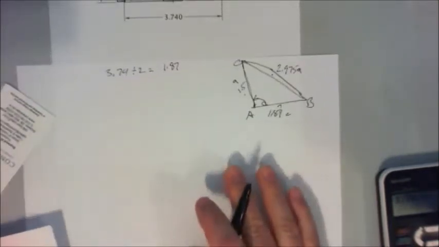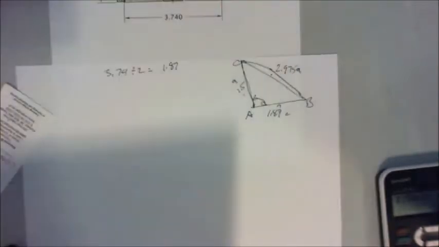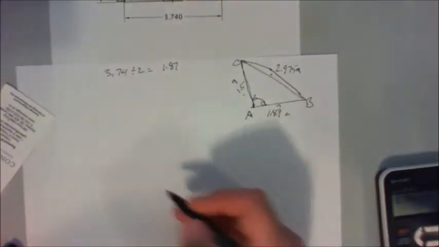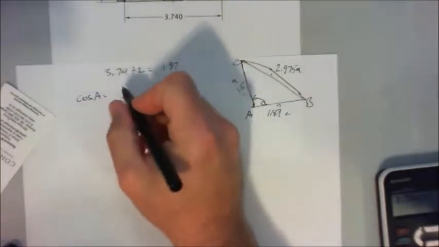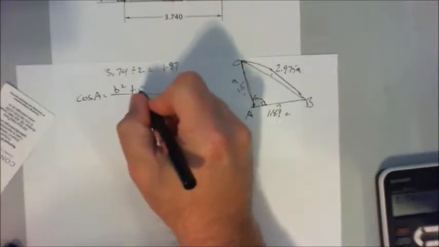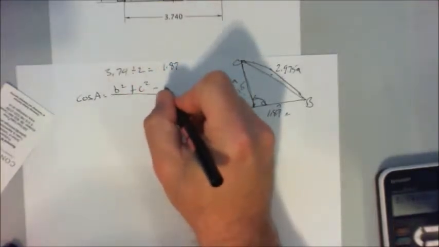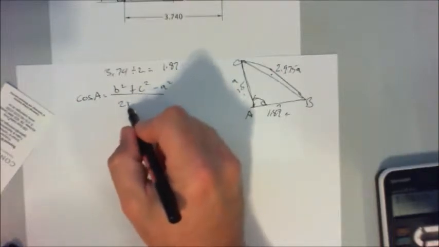Okay. Let's write out our formula, the same as what we have here in our handout. So we're going to say cos A equals B squared plus C squared minus A squared, over 2BC.